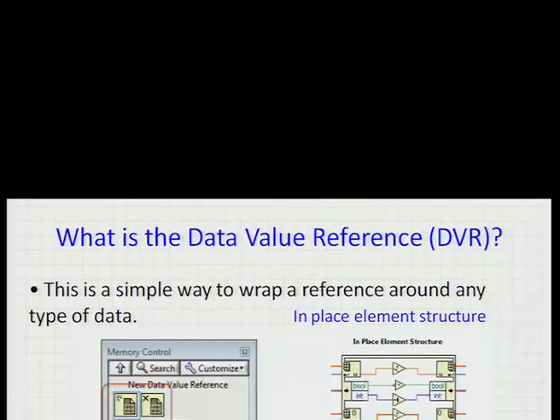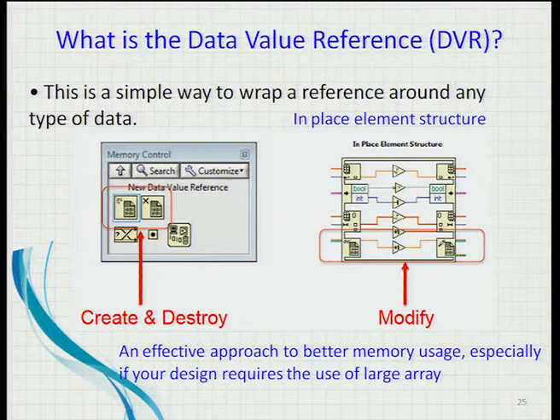I strongly encourage you to try it. You can create a reference, like a pointer pointing to the data that you are trying to use. It could be any data, a string, anything, an array especially. Now, do you know that if you have an array on a wire, what happens if you fork the wire?